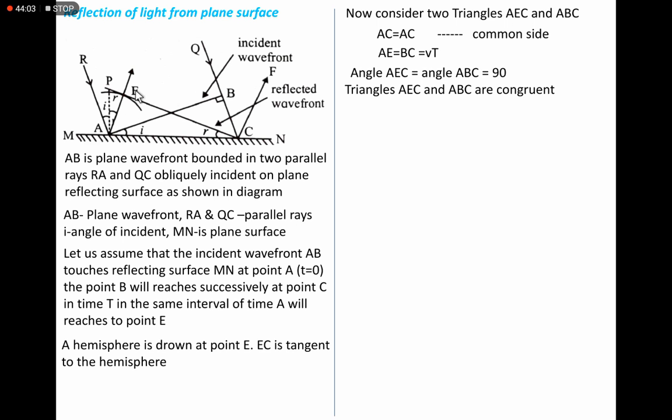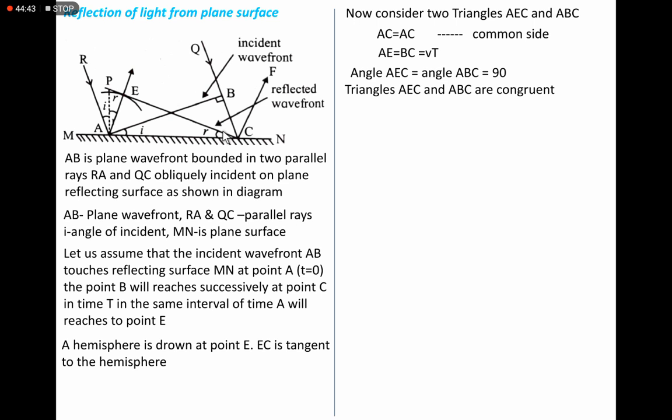This angle, that is EAC, this angle is 90 minus R. Okay, and in triangle ABC, angle ACB is 90 minus I.